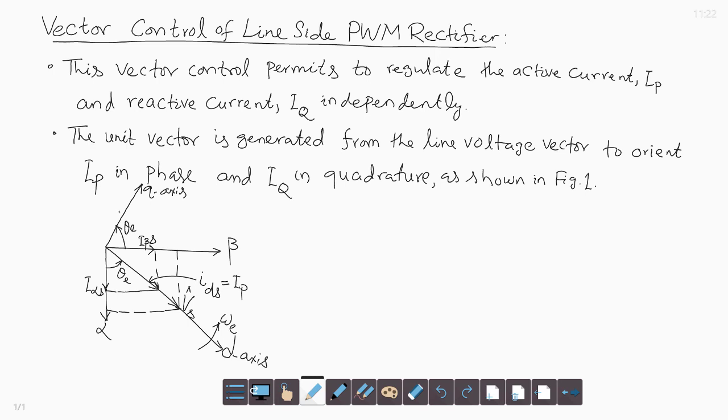And here IQS, Q axis current, which is reactive current IQ, has to be 0 for unity power factor operation. This is the figure 1 phasor diagram.